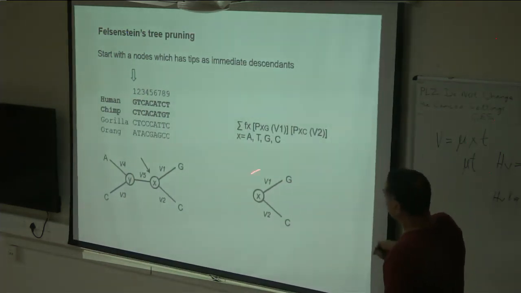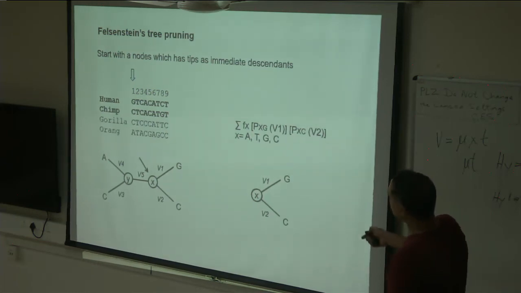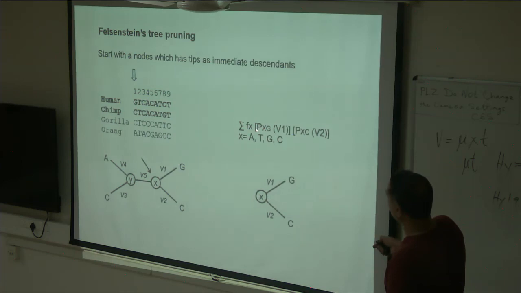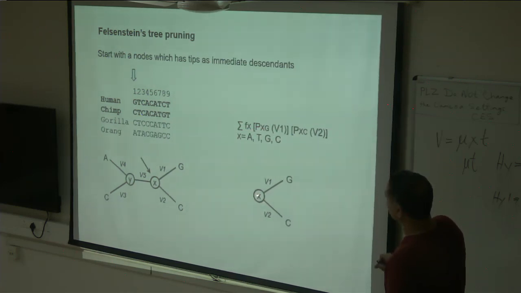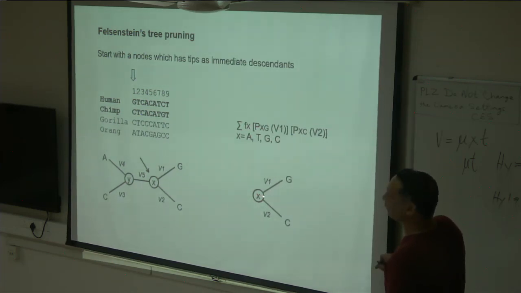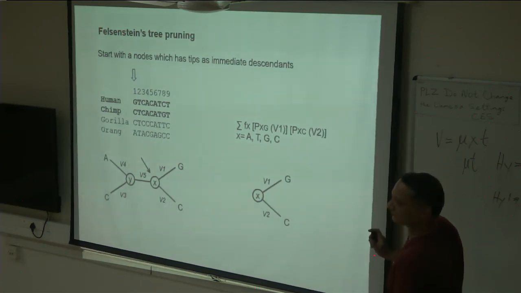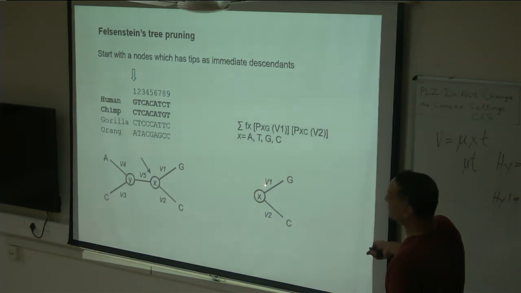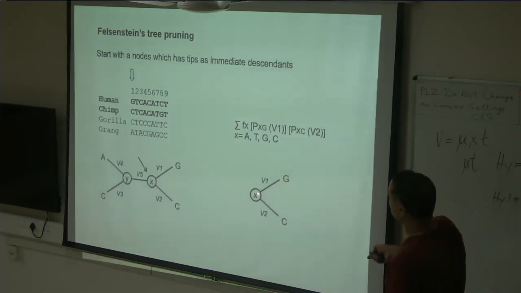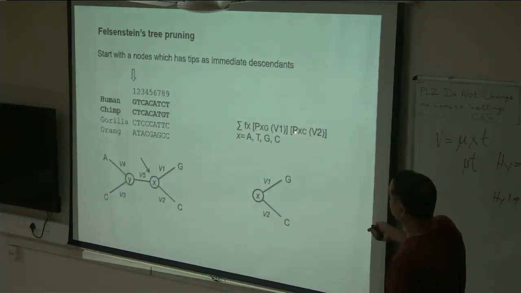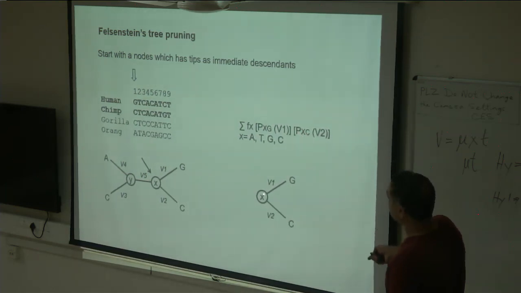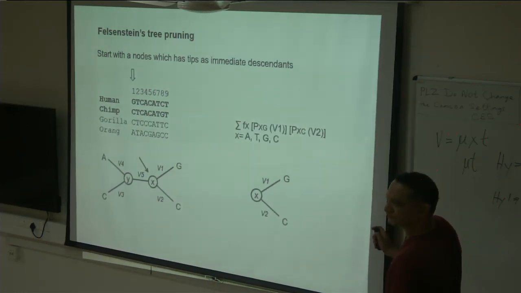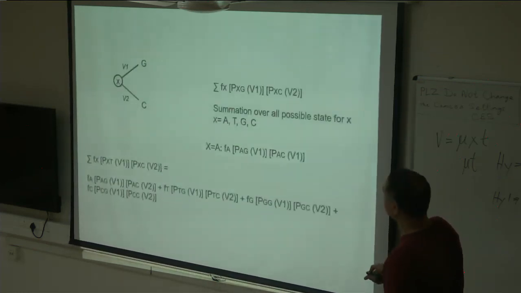If you just consider this tree, the formula is like so. fx is the prior probability of some base over here, then the probability of change from that base to a G given branch length V1, times the probability of change of some base here to C given V2. So that's straightforward, right?